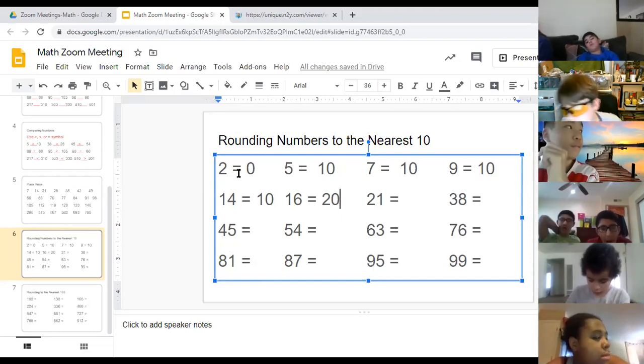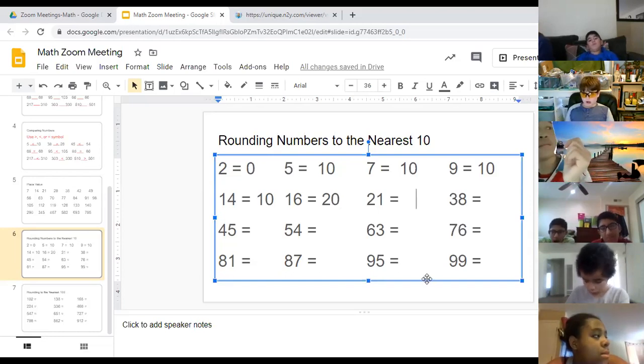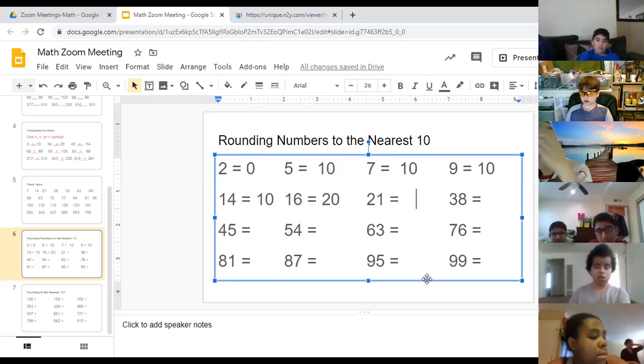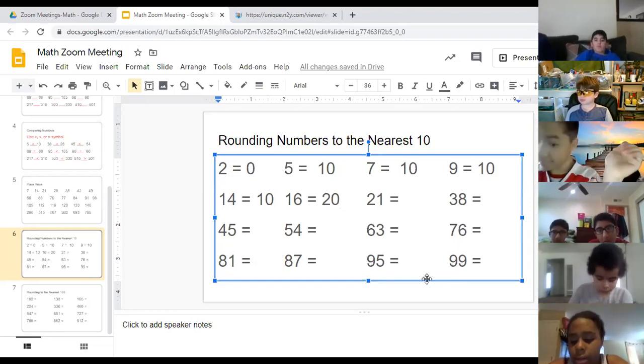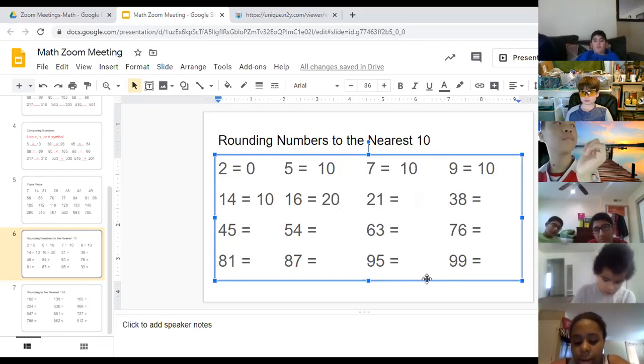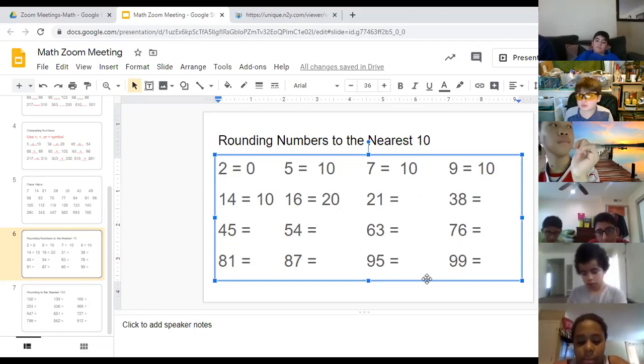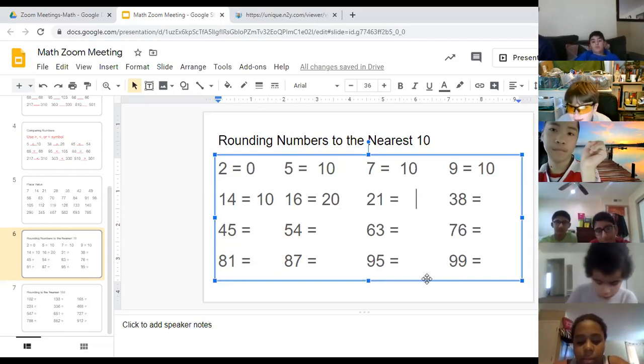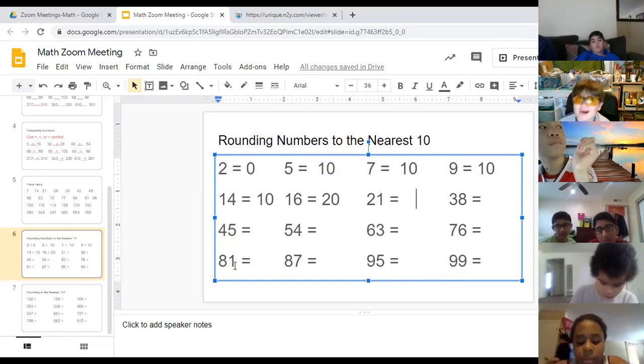All right? Okay, next, let's take a look at 21. So we will round 21 to the nearest 10 again. That means the number line will start from 20 up to 30. Okay, your turn, Chris.